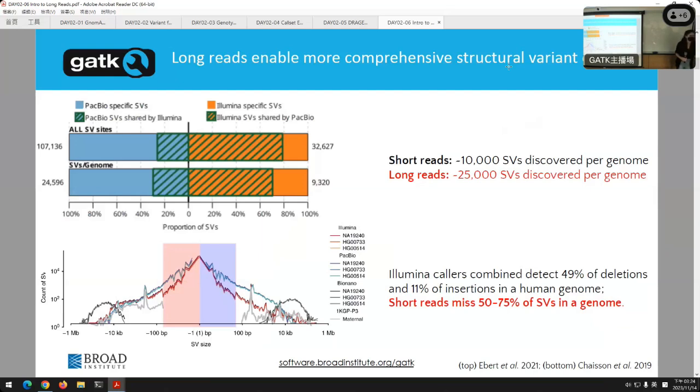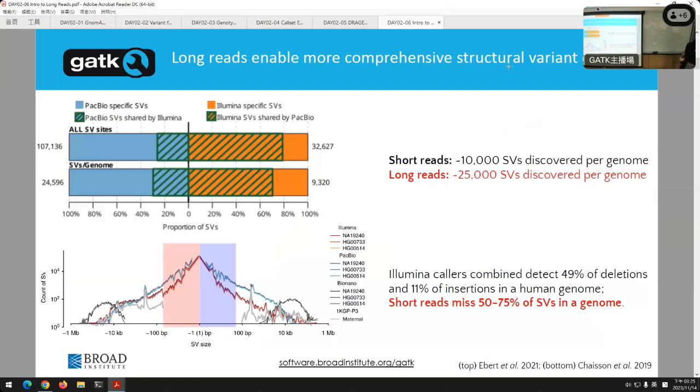The bottom figure is showing what specific structural variant types and sizes we are able to discover with each technology. It's a little hard to see, but it is showing the number of SVs that are discovered by each technology, with PacBio in blue and Illumina in red.